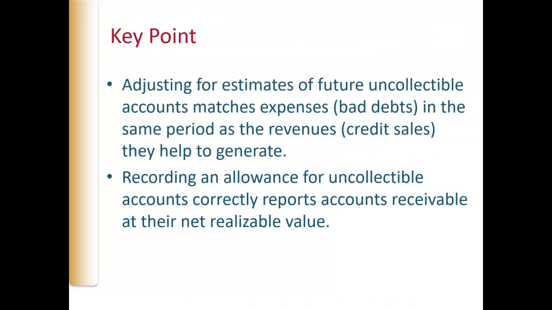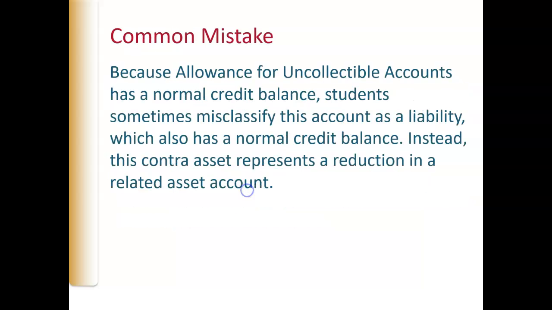So, remember guys, adjusting the estimates of future uncollectible accounts matches our bad debt expense in the same period as the revenues they help to generate. Recording an allowance for uncollectible accounts correctly reports accounts receivable at what we call their net realizable value.